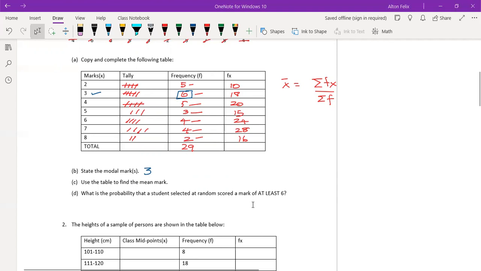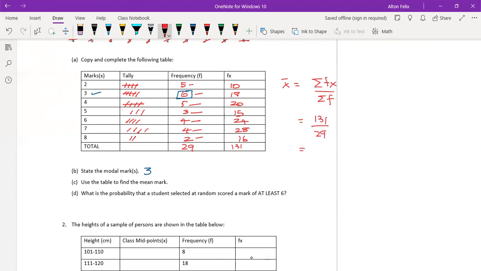So we're going to add 10 plus 18 plus 20 plus 15 plus 24 plus 28 plus 16. I'm getting 131. Okay, so to find our mean, we're going to take 131 divided by 29.